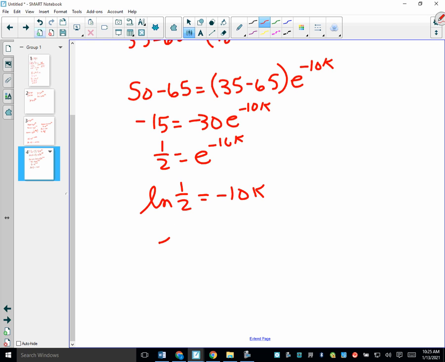Could I say it is also ln of 1/2 over 10? Well, yeah. Would you agree with that? It wouldn't matter, that's what I'm saying. K has to be negative. I don't care what K is.